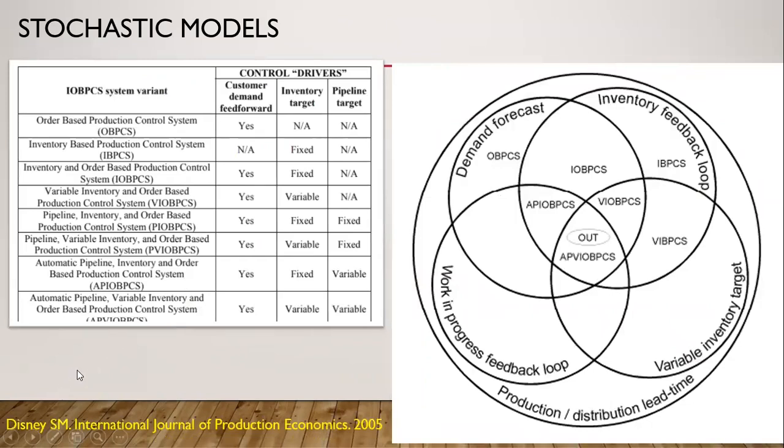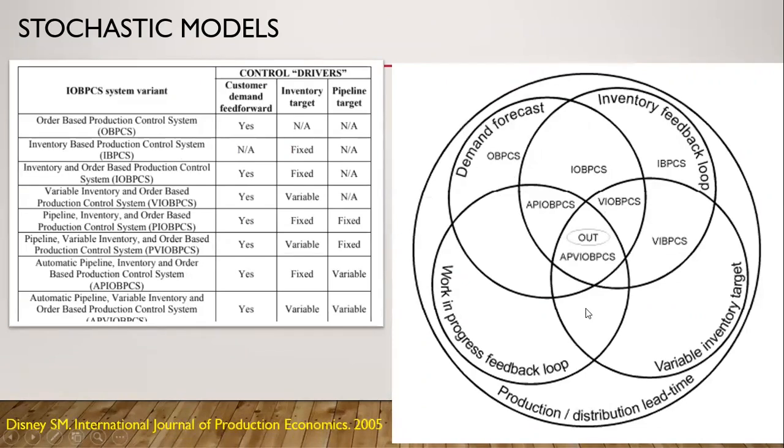In the classic article by Disney SM et al. in the year 2005, there is the grouping of these related stochastic inventory management models, and this is the diagram illustrating these various models.